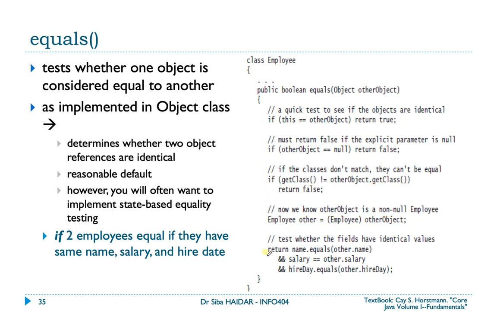What shall we do next? We shall test whether all the fields have identical values. Our condition is that they have the same name, the same salary, and the same hire day. So you return name.equals(other.name) && salary == other.salary && hireDay.equals(other.hireDay). This is not finished yet.